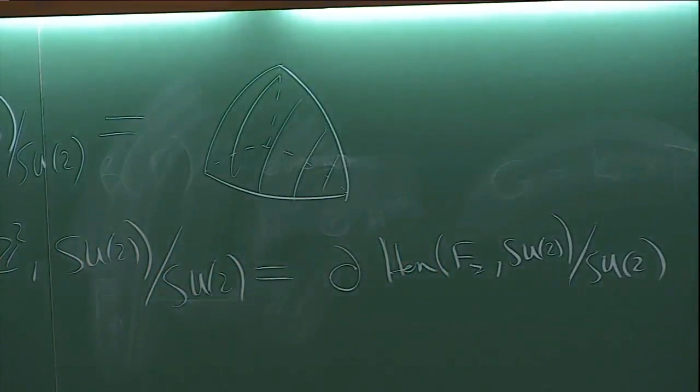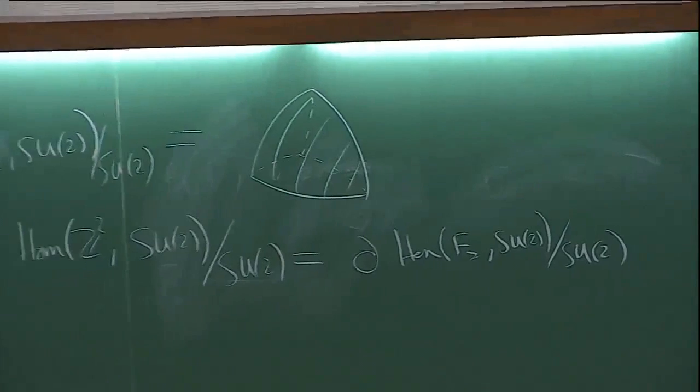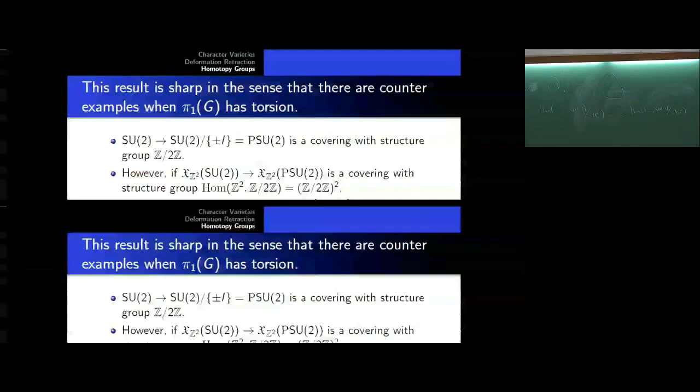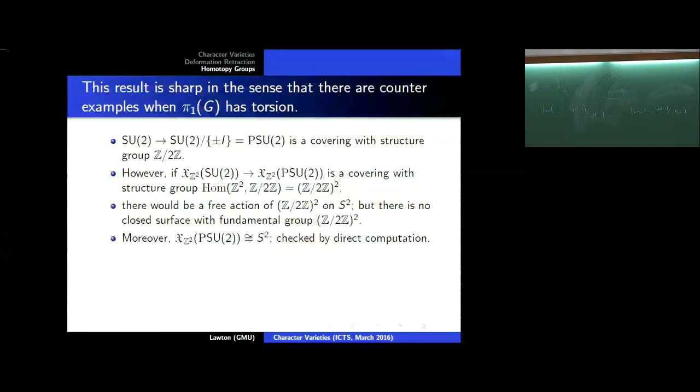Okay, and so we would have a free action on S2, if this was the case, with fundamental group the Klein group, but there's no such surface. And moreover, you can actually check that this actually is homeomorphic to S2 too.